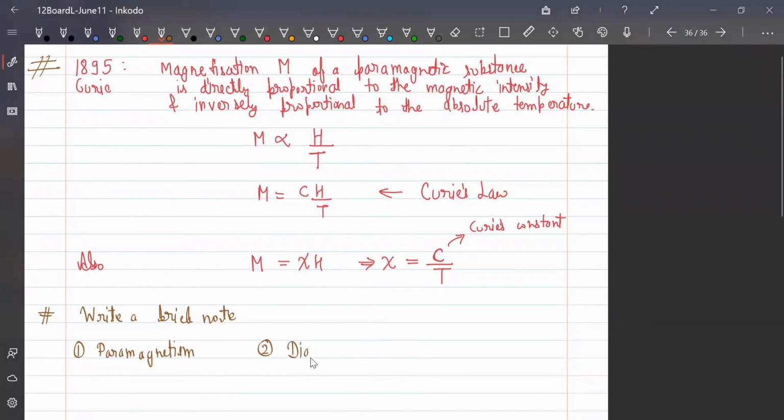Paramagnetism, second is diamagnetism. Short note means at least write 8 to 10 lines. Paramagnetism, diamagnetism, and third is ferromagnetism. Explain it: first write the xi values, mu values, and then why substances are paramagnetic, why substances are diamagnetic. Then talk about domains in the ferromagnetic substances.